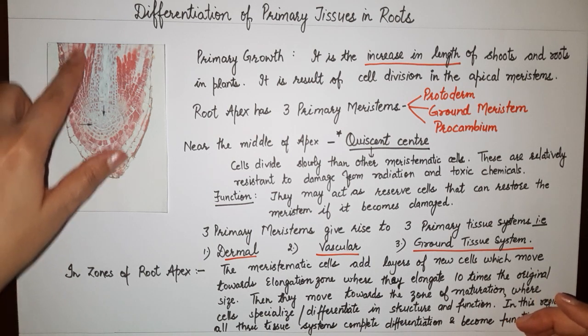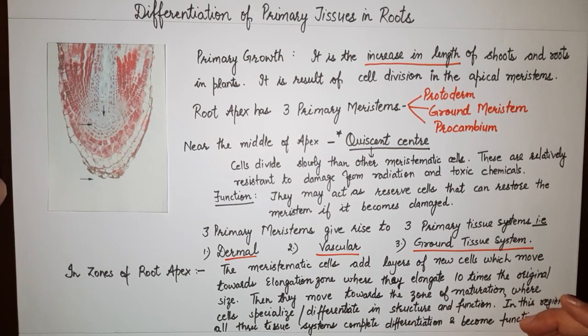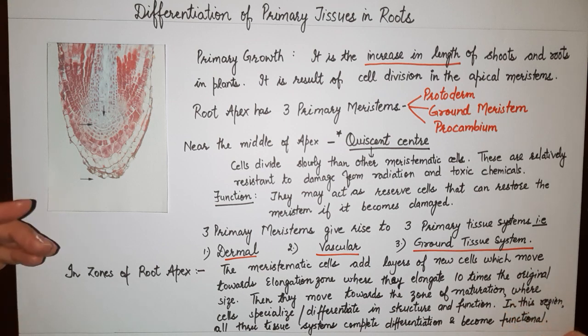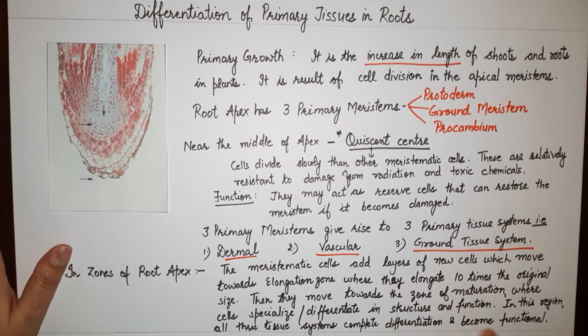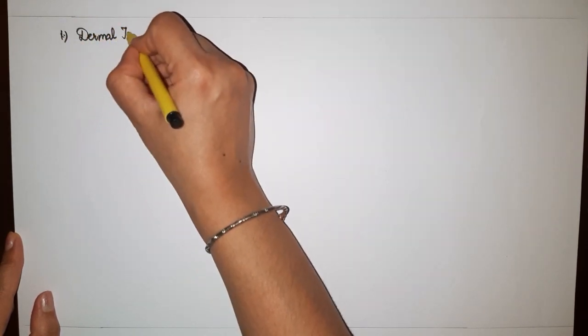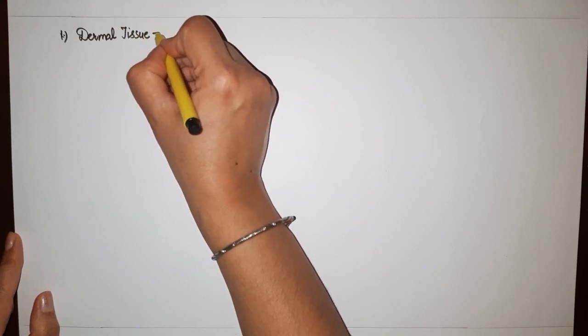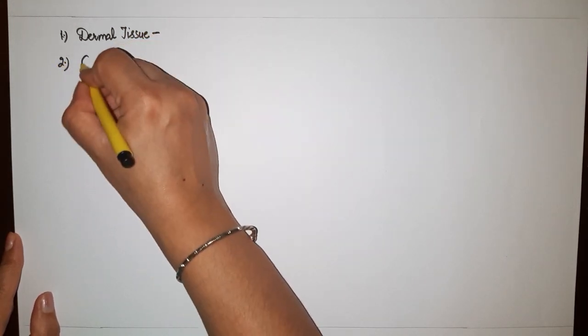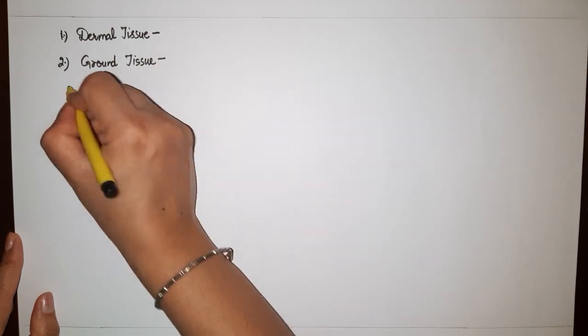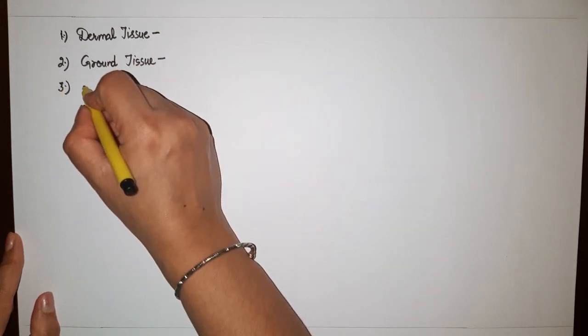The ones that will develop into the cortical region, the ground tissue, will assume their functions, and similarly the ones present in the center will start behaving as the vascular tissues. It means they will start the conduction of water and food. So accordingly in the maturation zone, they acquire different functions. So three primary tissue systems develop: dermal tissue, ground tissue, and vascular tissue.